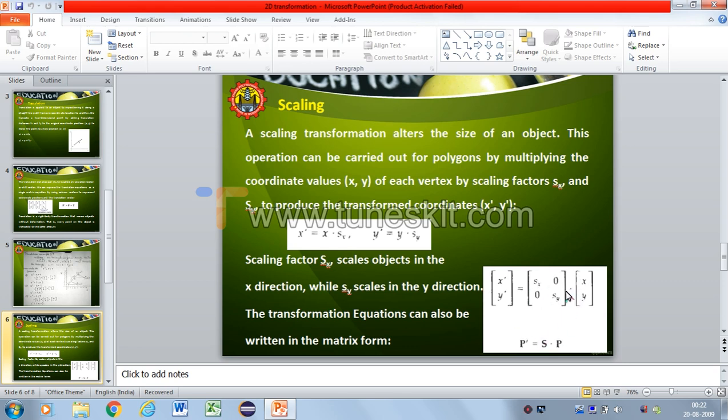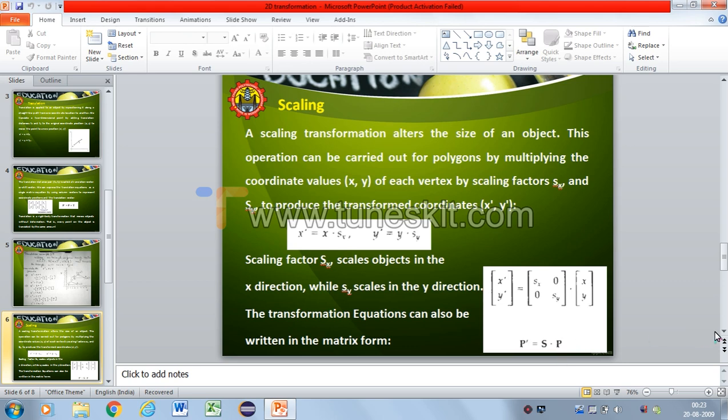Because we are performing this with homogeneous coordinates multiplied by the original coordinates, that is x and y. Now from these equations we got a formula: P dash is equal to scaling factor S multiplied with the original point having coordinates x and y, that is called original P.